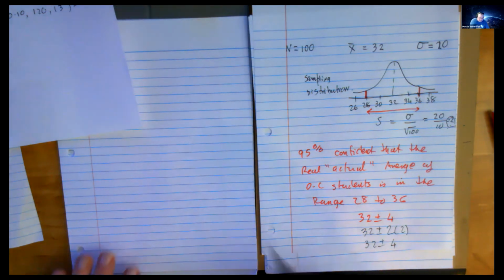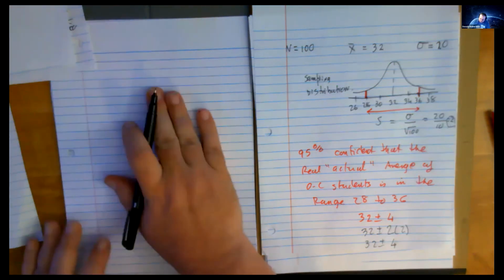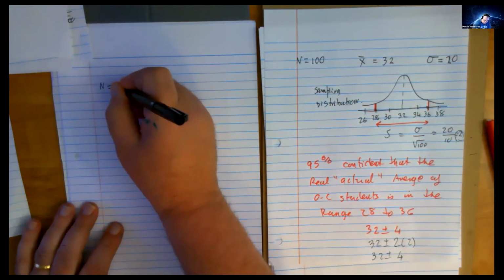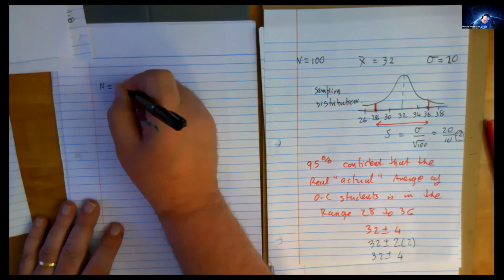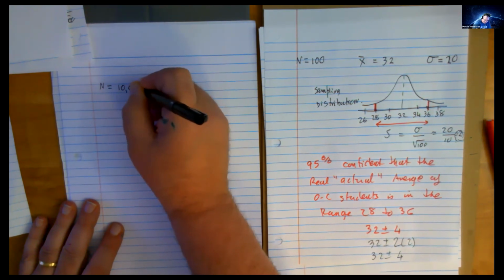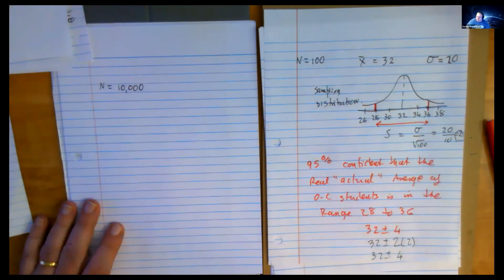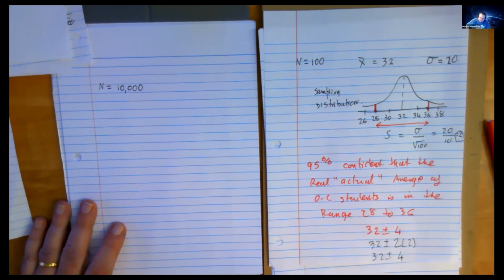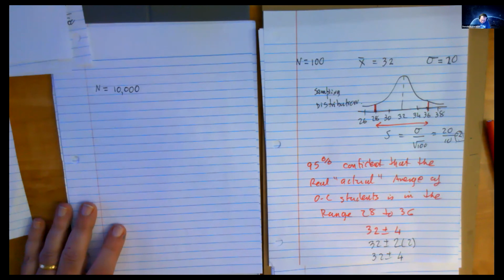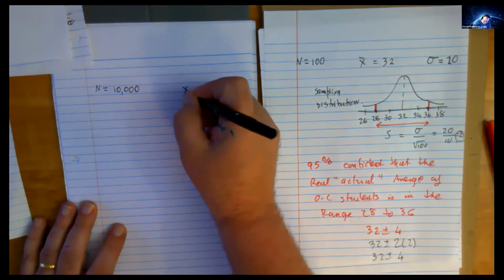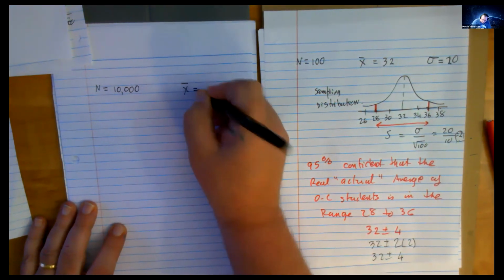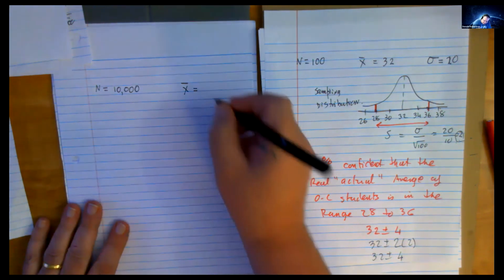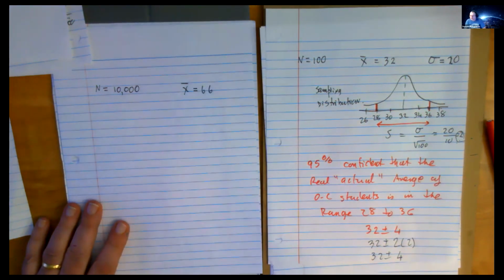Right. So I can do another, very quick practice at this. Let's suppose that you did a sample of 10,000 people. Now that is a massive sample, right? And for that sample, you found that the average height was 66 inches.